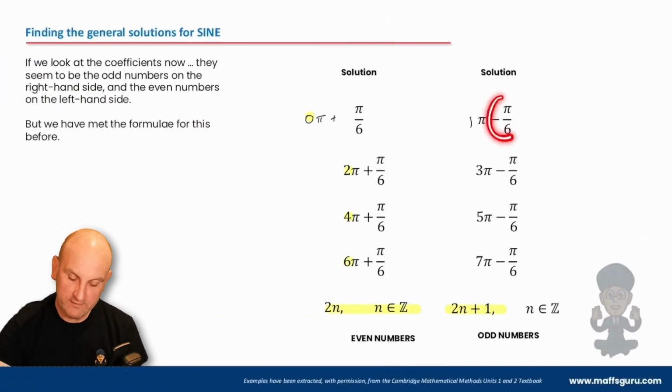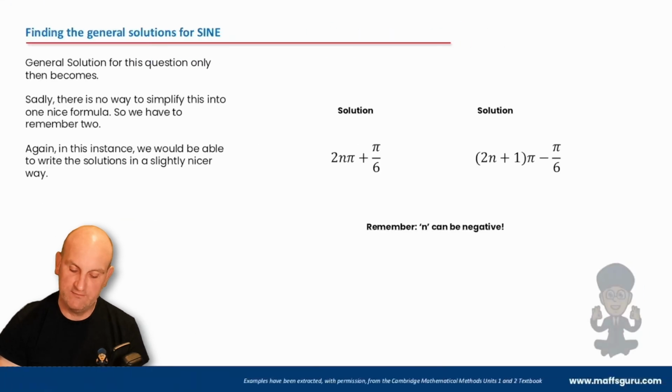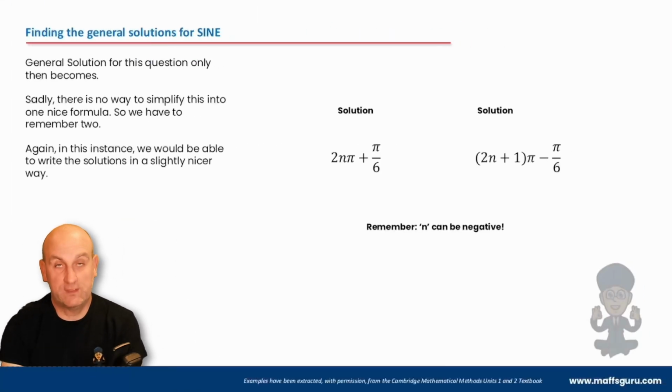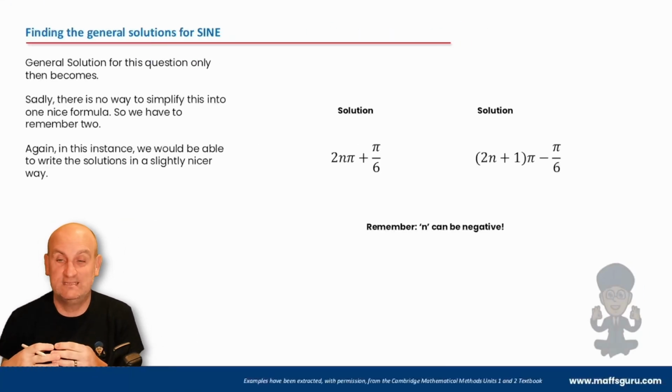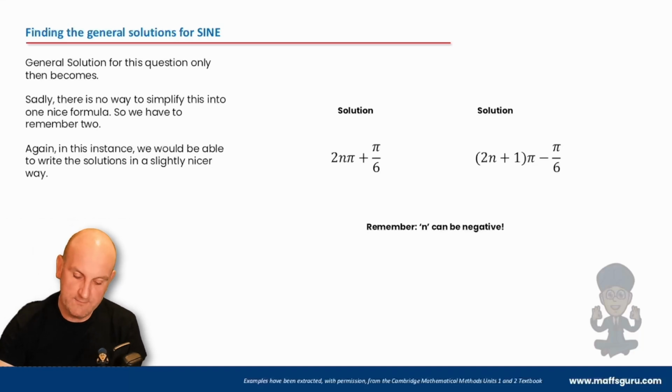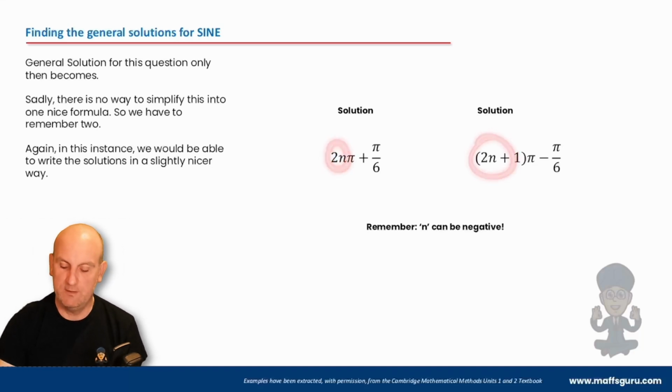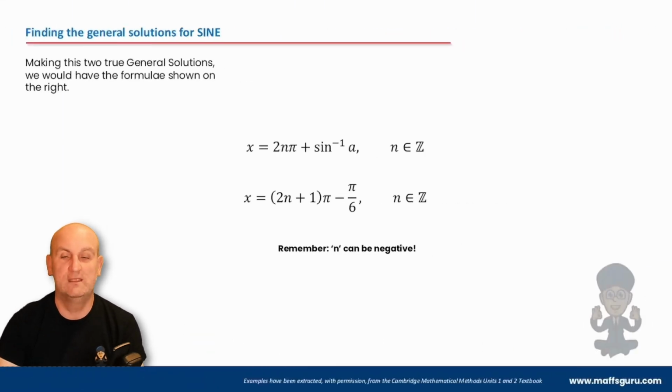And again, all of these were minus pi on 6. There's my pi. And the 2n plus 1 is just going to give me these numbers 1, 3, 5, 7. Now, unlike the cosine, can I combine these together? Sadly not. Why? Because that's 2n and that's 2n plus 1. And so ultimately, we actually have to leave those exactly in the ways that we've got here.